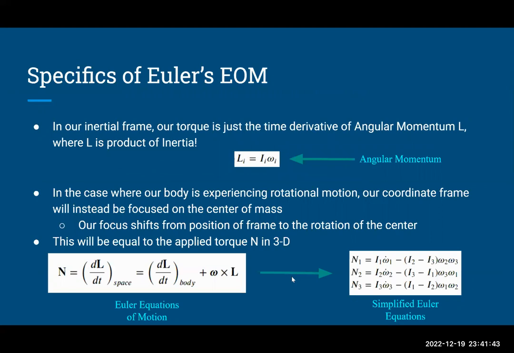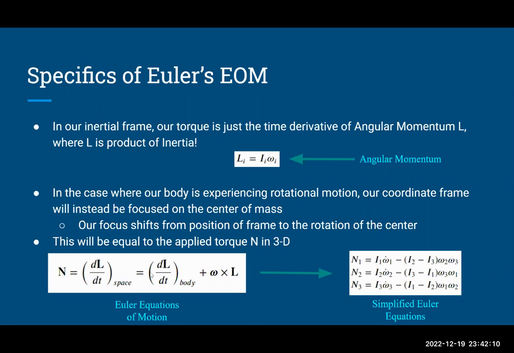To understand the specifics of the Euler equation, we need to better understand the parts that make up the equation. In the inertial frame of the rigid body, our applied torque is simply the change of angular momentum over time. But since we are more focused on the rotational effect, we have to take more into account. The Euler equation down here below shows how our coordinate frame is centered around the center of mass.